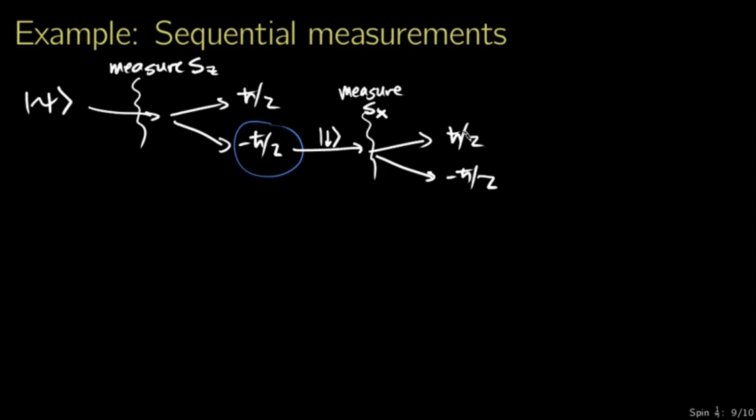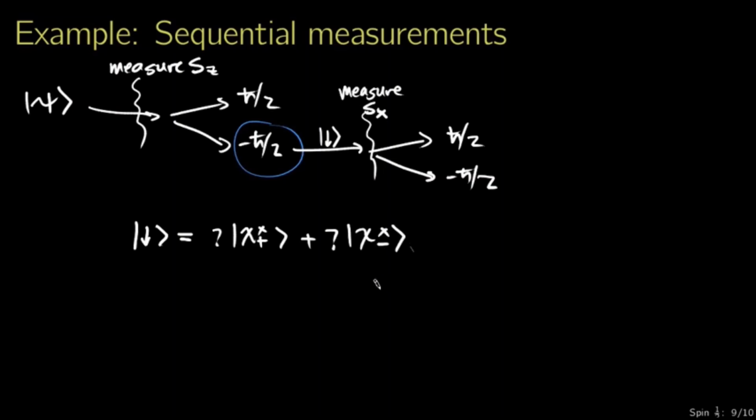In order to figure out which one is more likely, you have to express this state, the ingoing state, as a superposition of the plus and minus eigenstates of S sub x. So the algebra problem we have to do to understand the outcomes of this second measurement is to express minus as a superposition of something times what Griffiths called chi plus x and chi minus x.